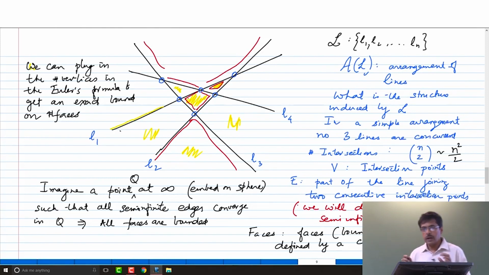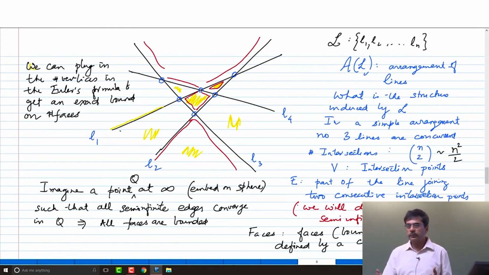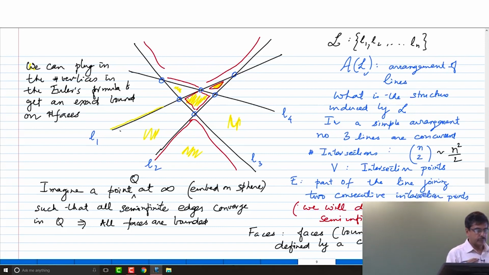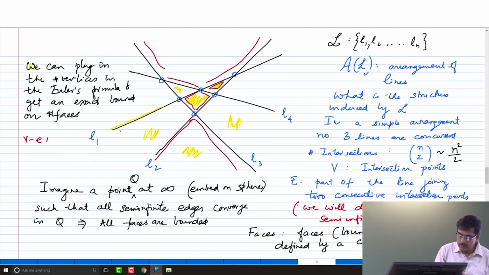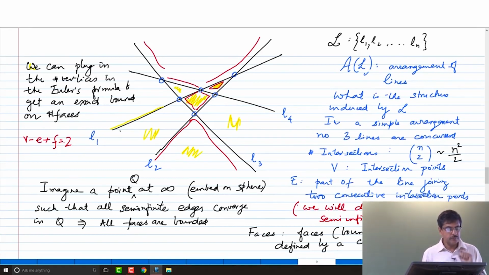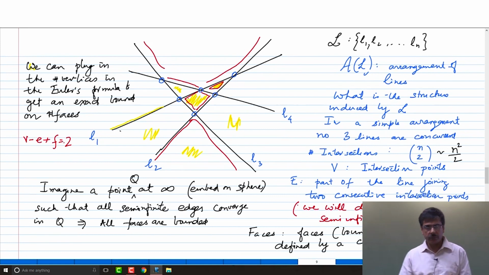I have the number of edges, I have the number of vertices and I use this. So, if I am not wrong, it is V minus E plus F equal to 2, right. That is your Euler's formula. So, I can just plug it into this formula and get the number of faces out of it.